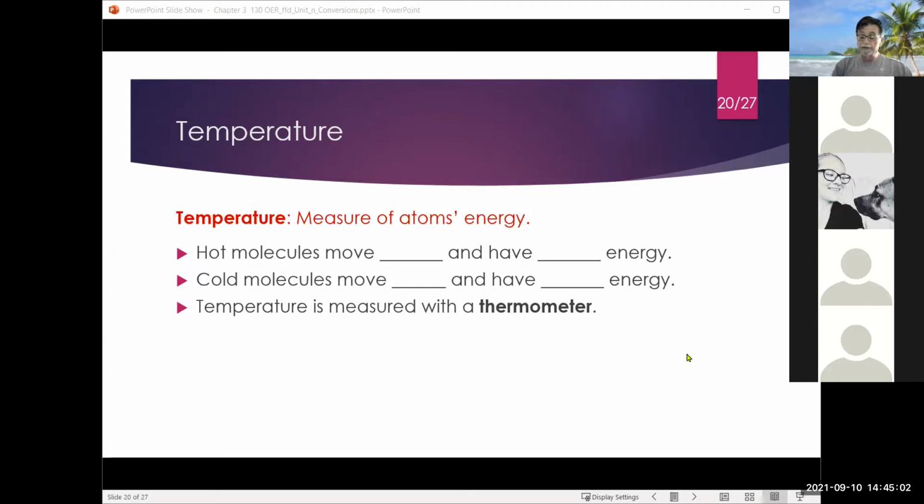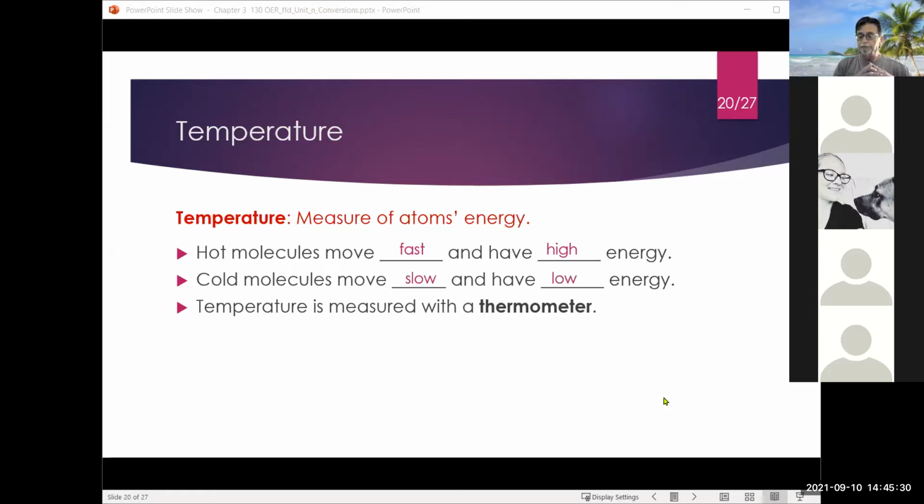You can feel it, get a pot of hot water boiling, put your hand over it. You can feel that vapor being pushed up against your hand. A steam engine works that way: hot water molecules move fast because they have high energy. And obviously the converse of that is cold molecules tend to move slow because their energy is much lower.